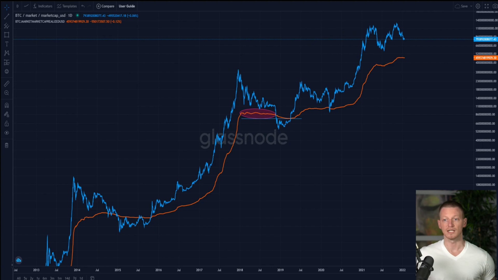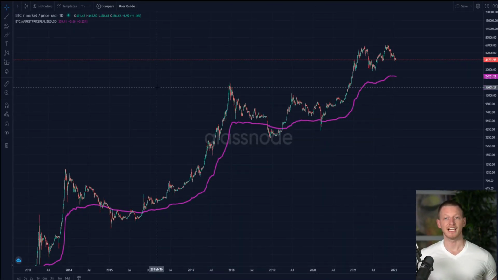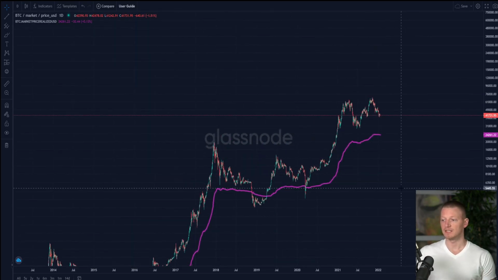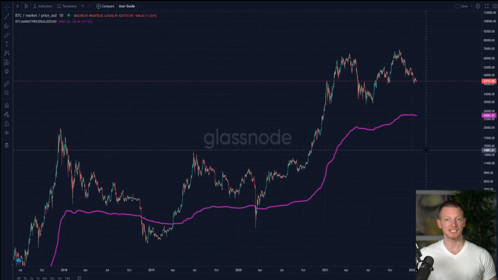But instead of the market cap, let's look at the actual price, to put it in price terms. Okay, so here we're looking at the realized price. All this is exactly what we were just looking at, but divided by the total number of coins. So it shows you essentially the average cost of Bitcoin the last time that all of the coins combined moved.